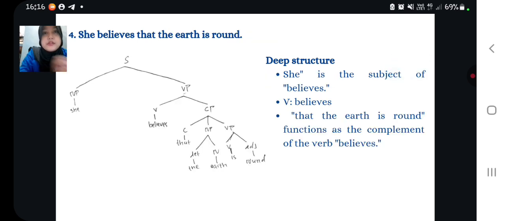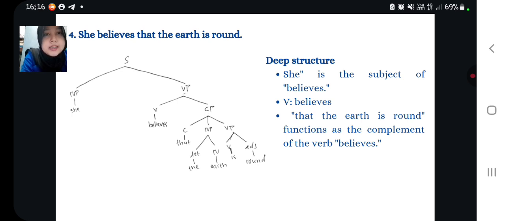Number 4. She believes that the earth is round. The sentence. And then there are noun phrase and verb phrase. The noun phrase is she. Verb phrase is believes that the earth is round.